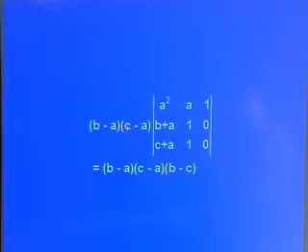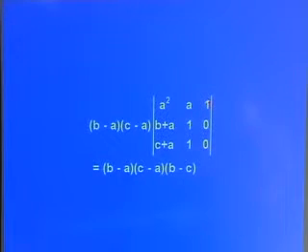B minus A into C minus A is taken outside. What we have is B plus A from here, 1 and 0 in the second row. C plus A will be the remainder of C square minus A square when we take C minus A outside, then 1 and 0. Now in this, if you expand around this column, then it will be plus, minus and plus.